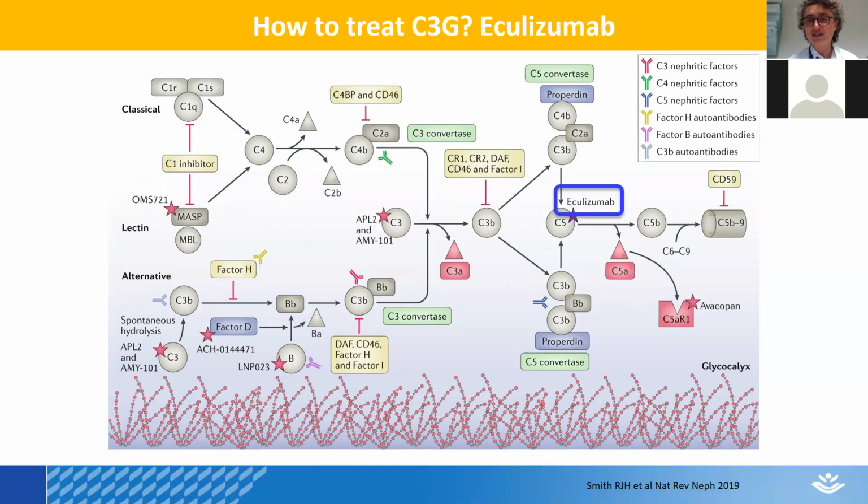So the first agent is probably the agent that many of you have already heard about, because it's been around for almost, I'd say, a decade now, and it's eculizumab.